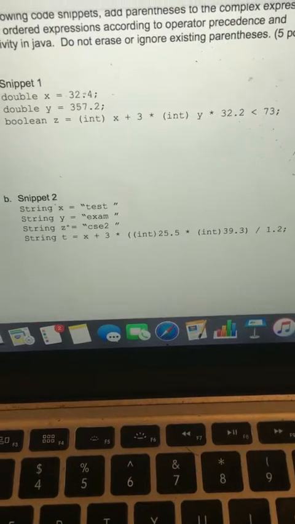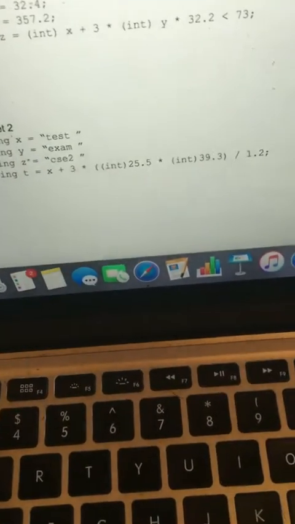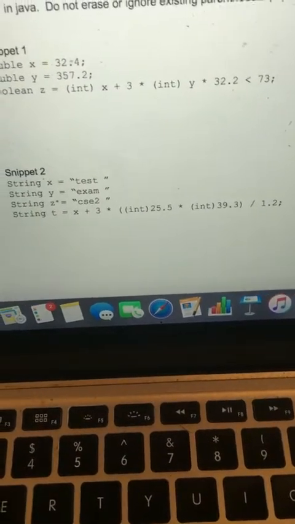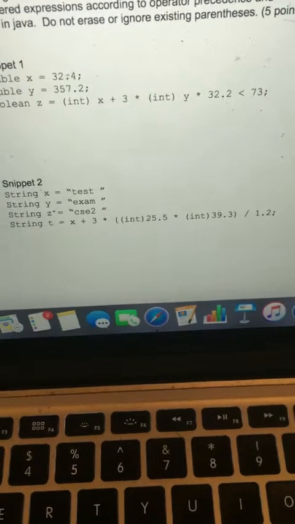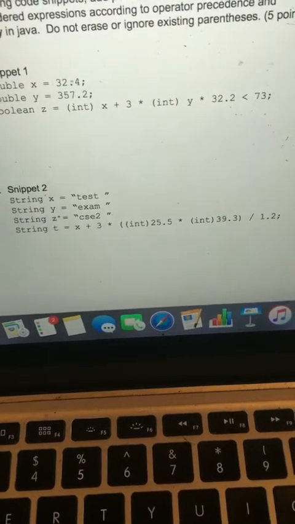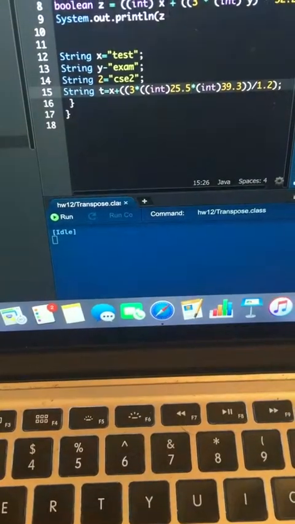Although in string T you don't even use strings Y and Z, so you can just ignore those. They're kind of a diversion. String X is the only thing that's used in string T.